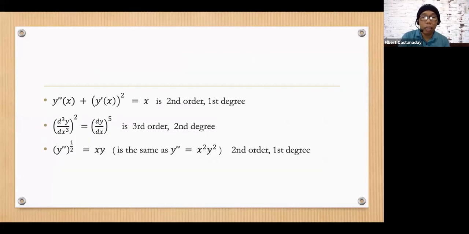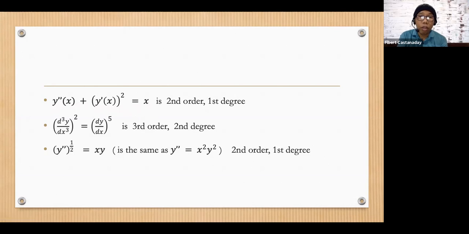Just like this. I said in the previous slide that the order of a DE is the order of the highest derivative appearing in the equation. In this first example, y double prime of x, y double prime means second derivative, plus y prime of x raised to the power of 2, and y prime is the first derivative, equal to x. Now the question is, what is the order of this differential equation?